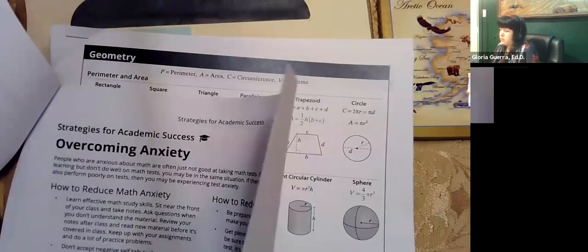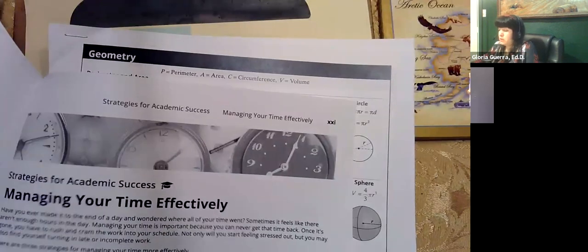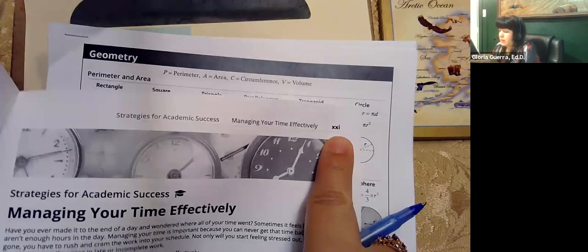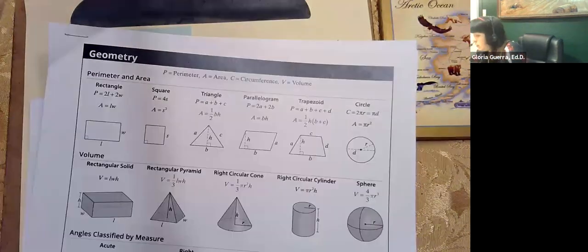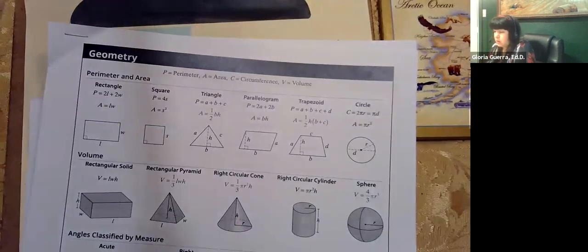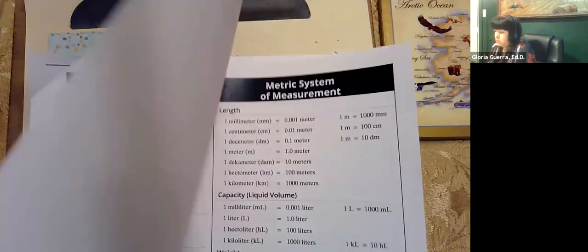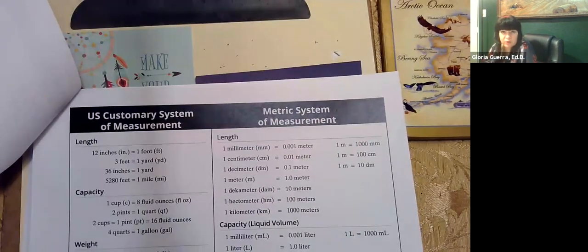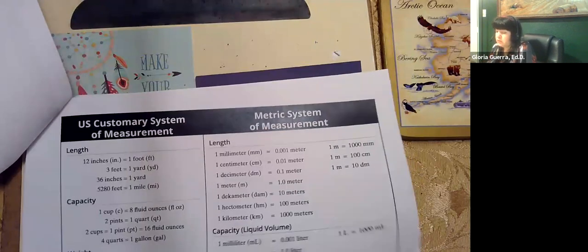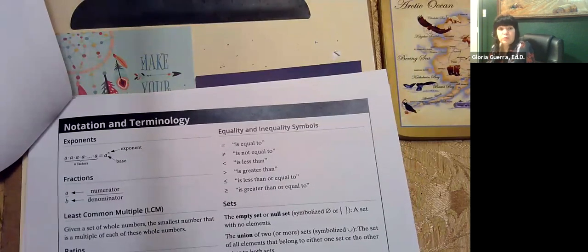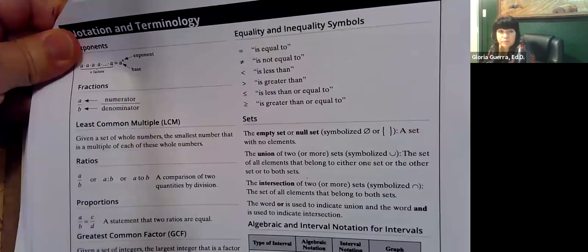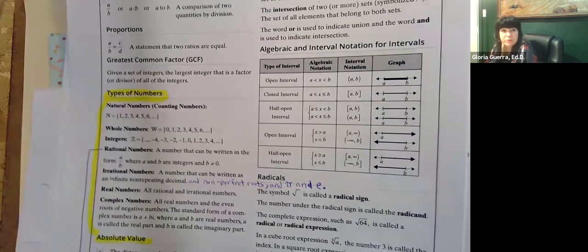This last page here is 21, and then after that came the geometry, and then we had customary measurements, like from the trapper keeper. Remember the trapper keeper days? And then this is what we need: the notation and terminology. You need to find that sheet. And then down here, it's types of numbers.